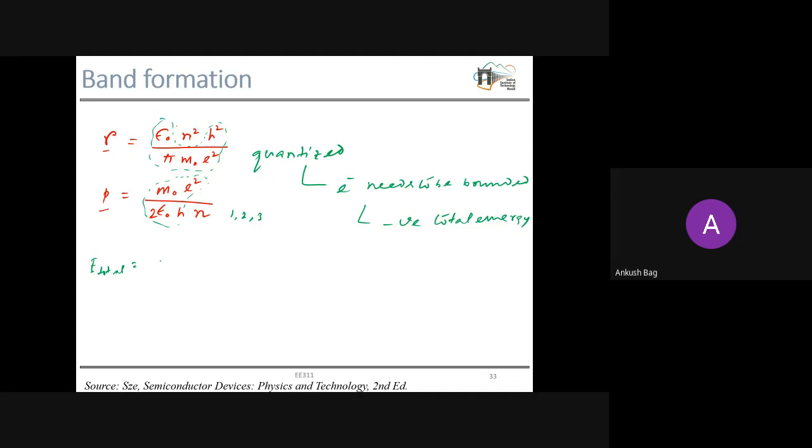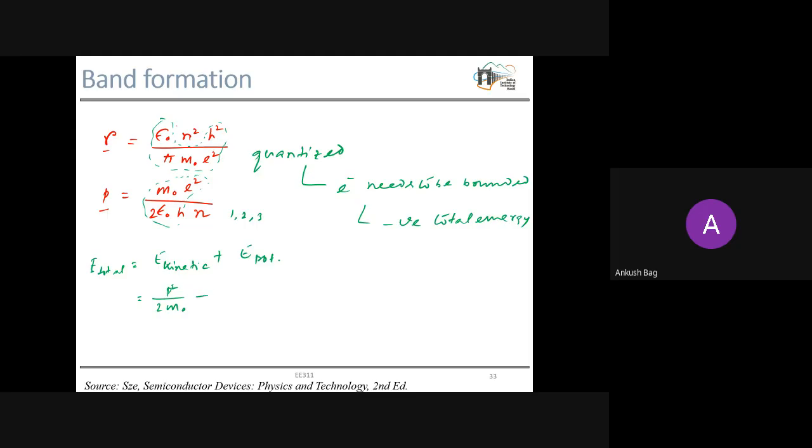E total equals E kinetic plus E potential. You know this kinetic energy is equal to half mv square, which can also be represented by p square by 2 m naught.